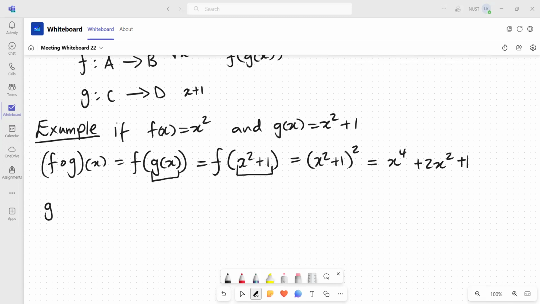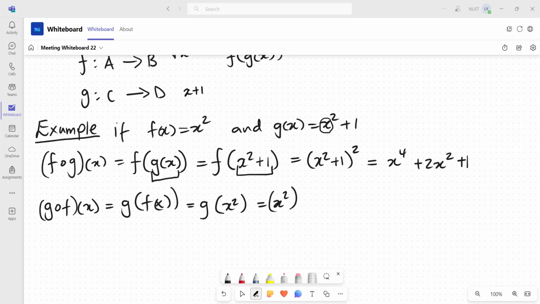Okay, and if I try it the other way around, g of f of x, this time f of x is going into the function g. What is my f of x? This is x squared. So in the function g, whenever I have x, I'm going to replace that x with x squared. So this gives me x squared squared plus 1, which is x to the power of 4 plus 1.